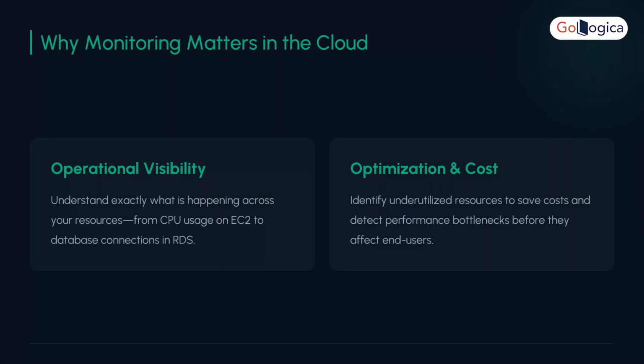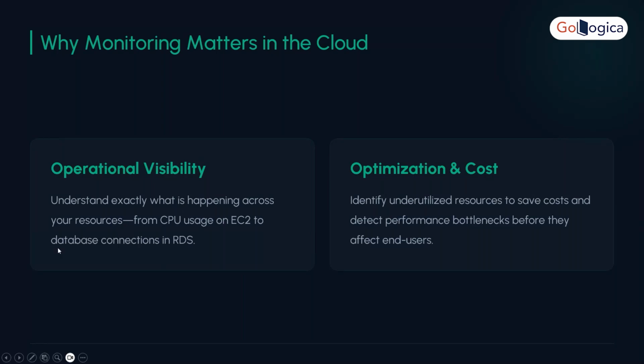Because once we deploy our resources in the cloud or on-premises infrastructure, there is nothing much to see what is going on, which resources are running, what is the current status. So monitoring gives this operational visibility to understand exactly what is happening across your resources.